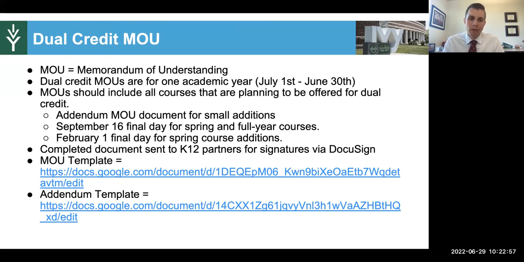February 1st would be the final day if you have a spring addendum. You can send out the MOUs via DocuSign, and we have the templates for both documents linked right here, and they are in the Google Drive.